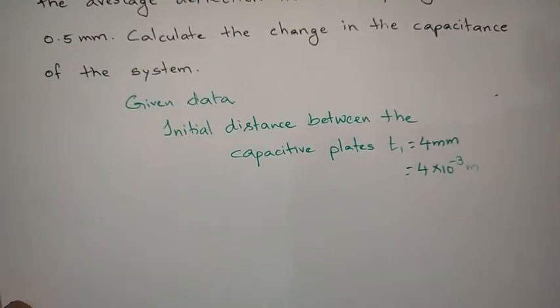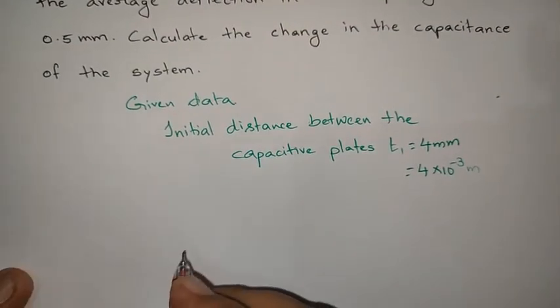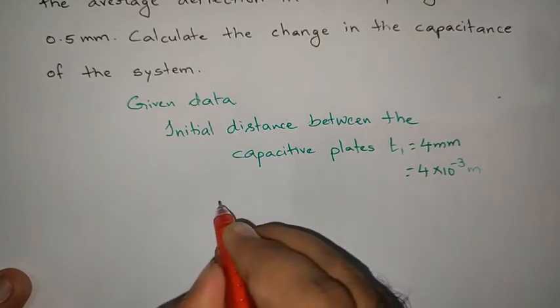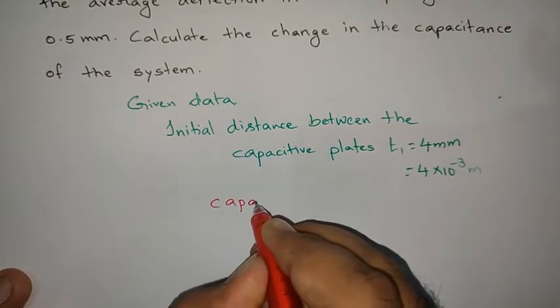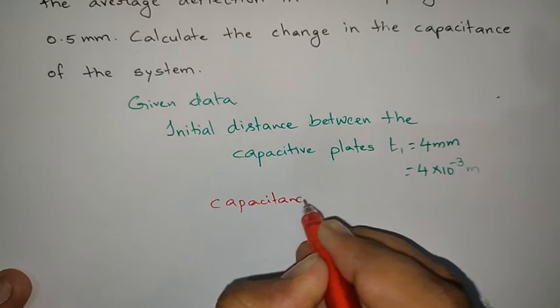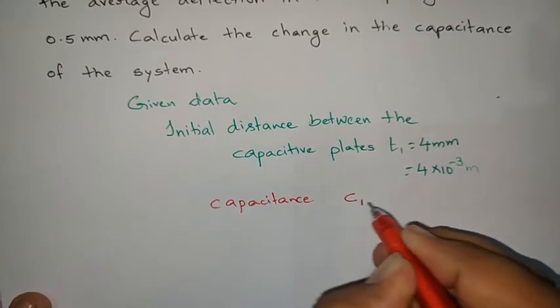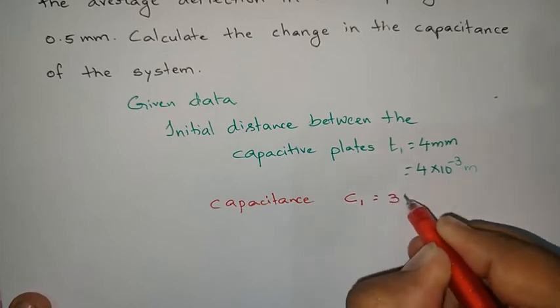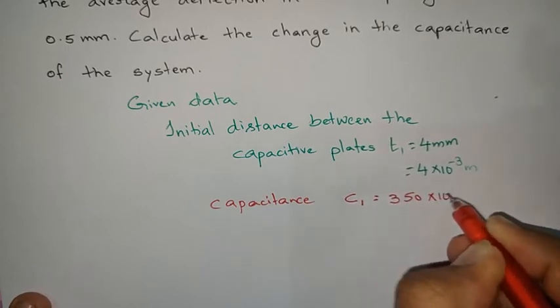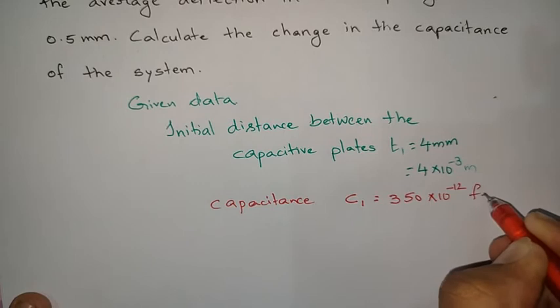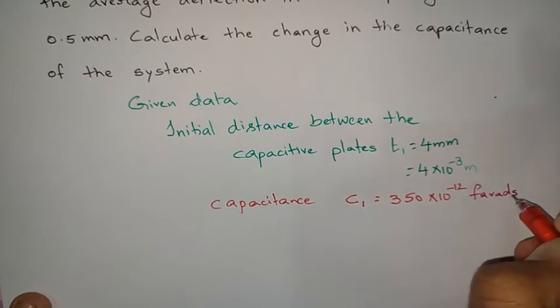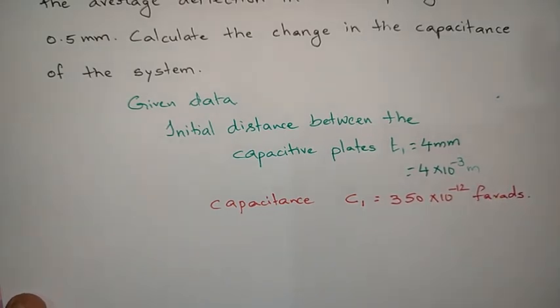So then write that capacitance when there is no pressure. So take it as C1 equals 350 into 10 power minus 12 farads, right?